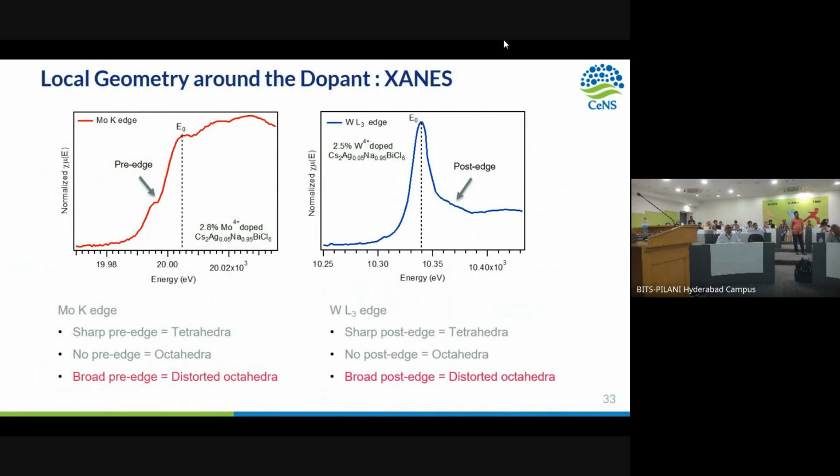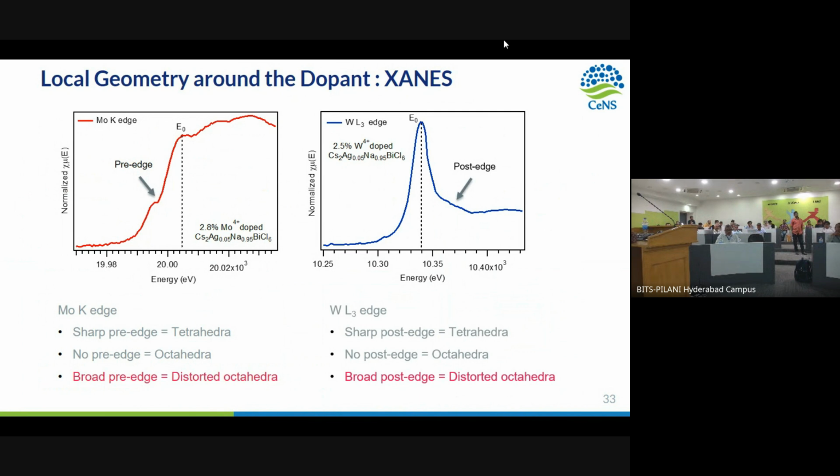Correct. Here you see this pre-edge feature. I do not have the supporting slide, but in the octahedral environment, MoCl6, you don't see this type of feature. It will just come like this. Here we are looking at the molybdenum K edge, and the transition goes to the 5p orbital.